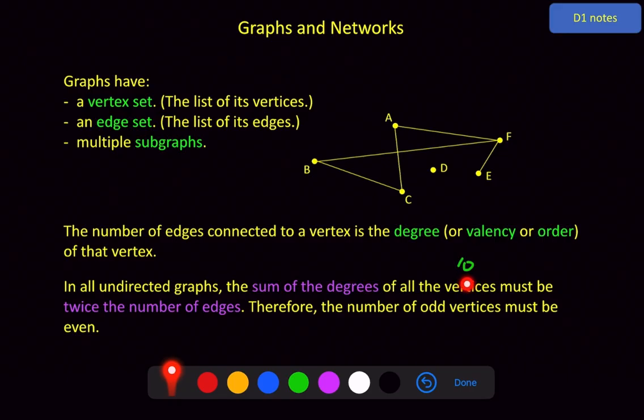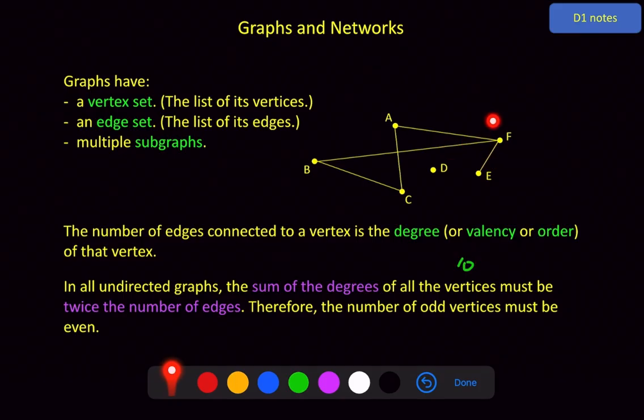For that always to be true, anytime you have an odd vertex, a vertex of odd degree, like F here which has 3, the number of odd vertices in your graph must be an even number. If you had an odd number of odd vertices, you would not have an even number overall. And that's impossible because that number must be 2 times the number of edges, and 2 times any whole number must be an even number.